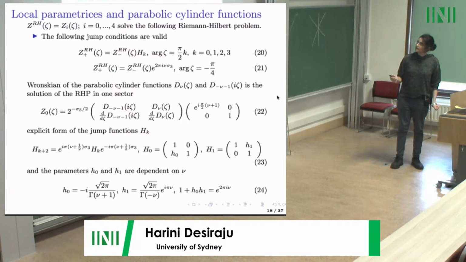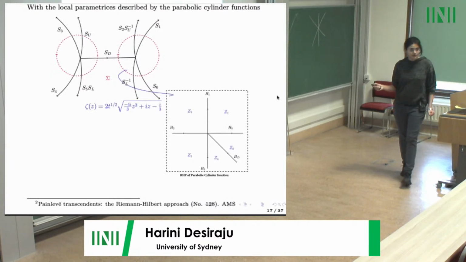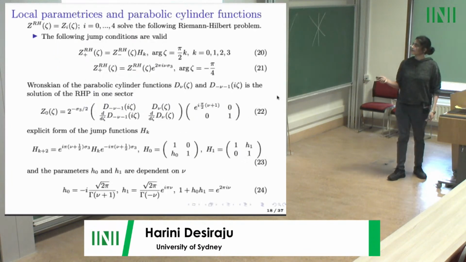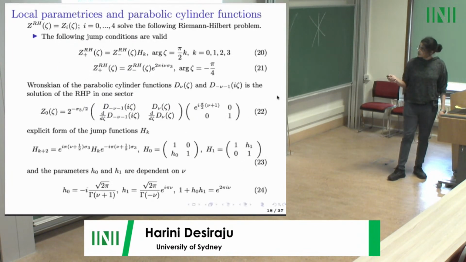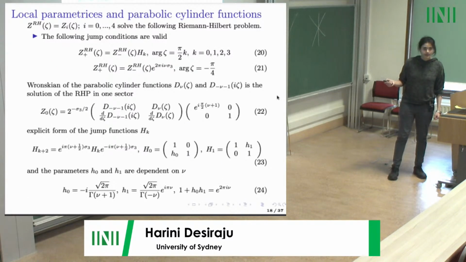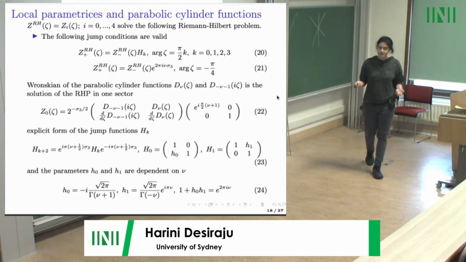Starting from Z0, using these conditions, the jump functions, you can compute each of these piecewise functions. So everything is in terms of parabolic cylinders times some constant matrices. One more thing is that the Stokes parameters in this diagram are all determined by mu. So we are preserving all the information that we got from Painlevé II.